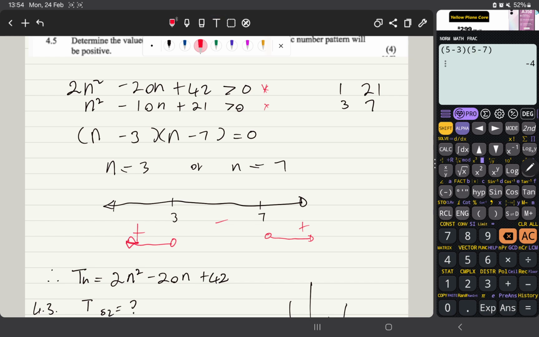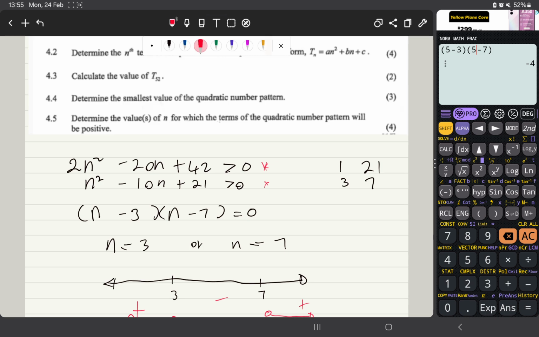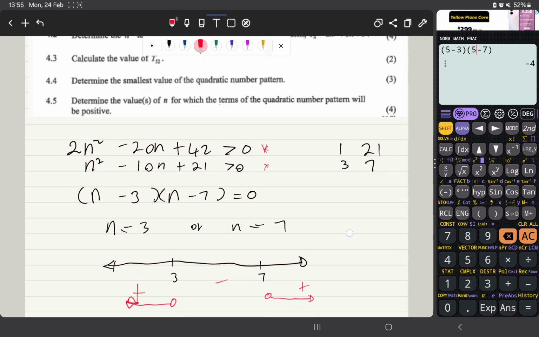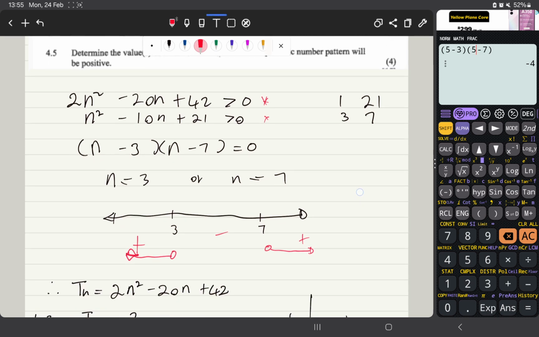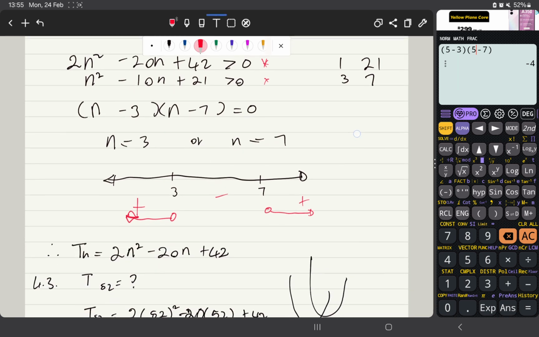The reason I'm making the circles not shaded is because 3 and 7 are not included. If n equals 3, we get 0, and if n is 7, we also get 0.